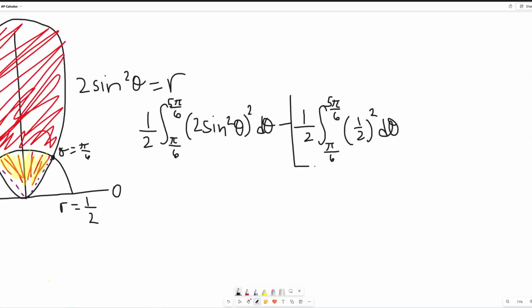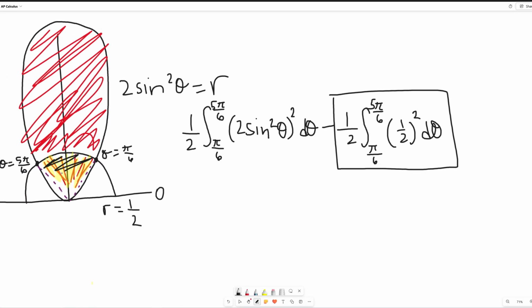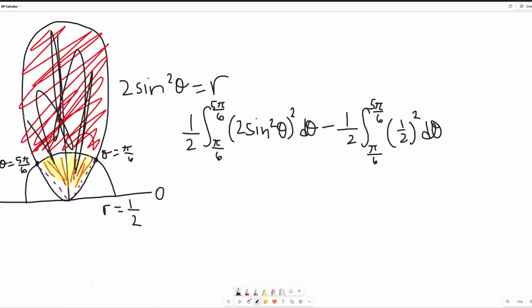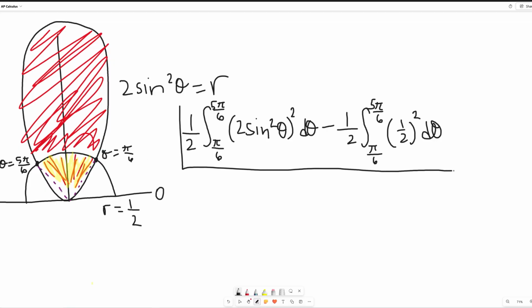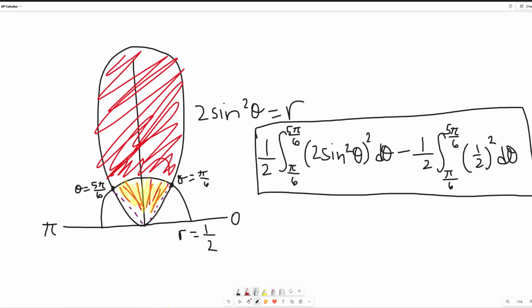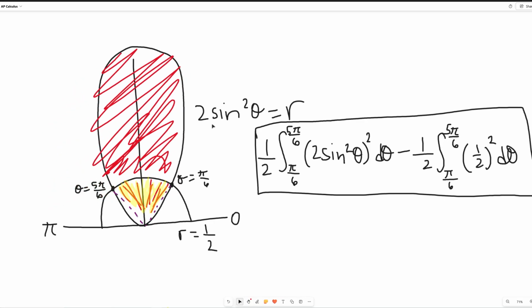So we have our inner part here, which is the area right here, getting subtracted by all of this area, and then this will net the area in red right here, the area that is inside of the graph of 2 sine squared theta, but outside the graph of r equals 1/2.